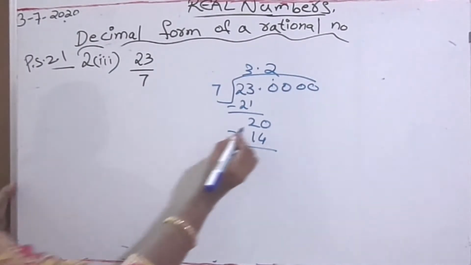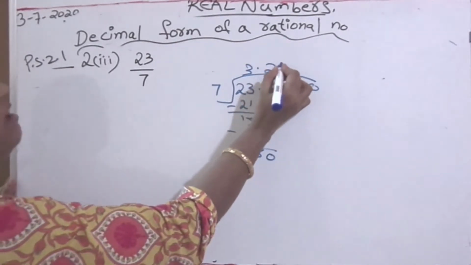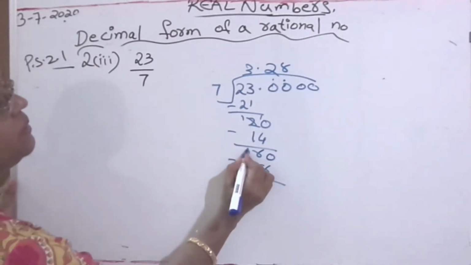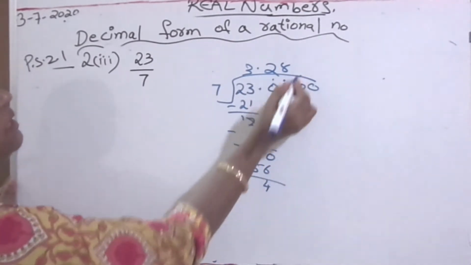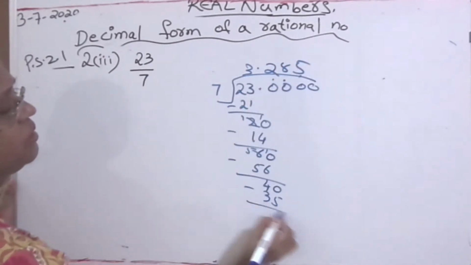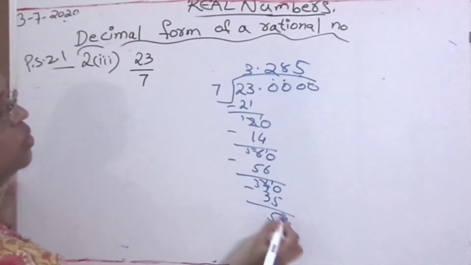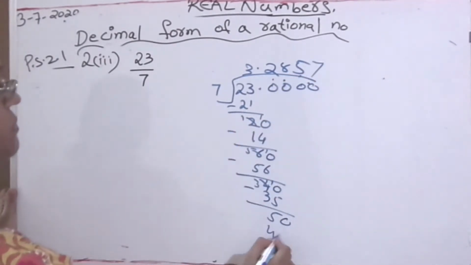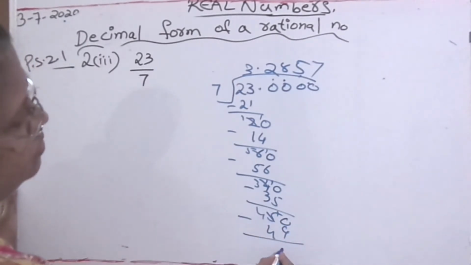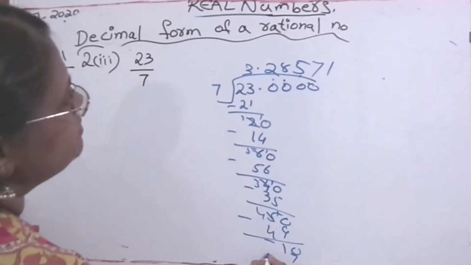How much you're getting? Put down the next 0. 7 8s are 56. Put down the next 0. 7 5s are 35. Put on the next 0. 7 7s are 49. Seven ones are 7.